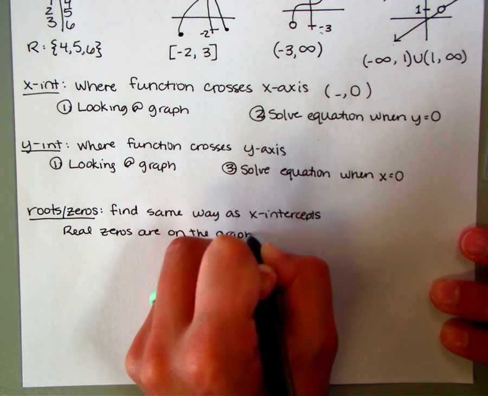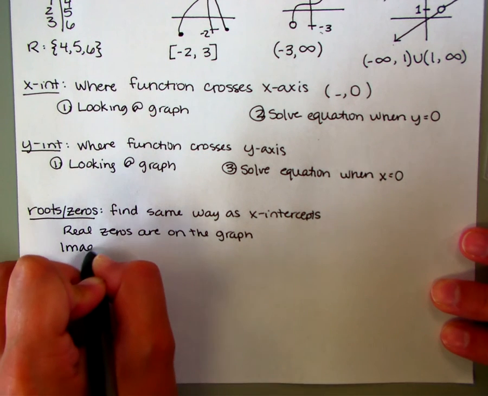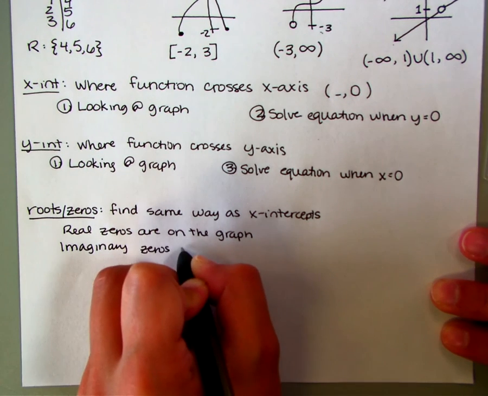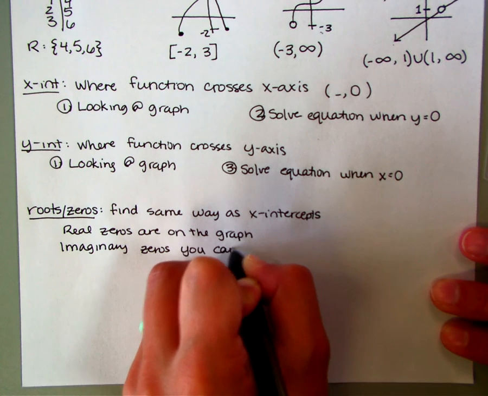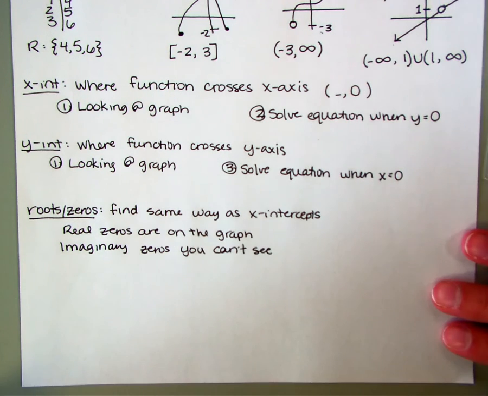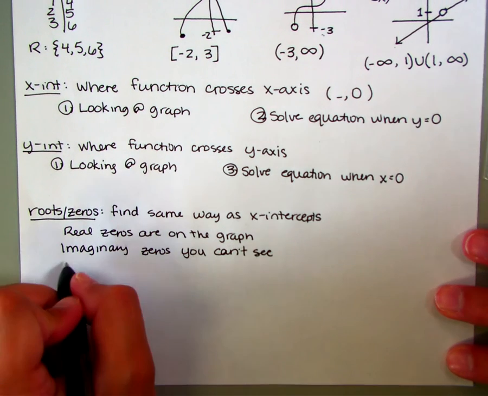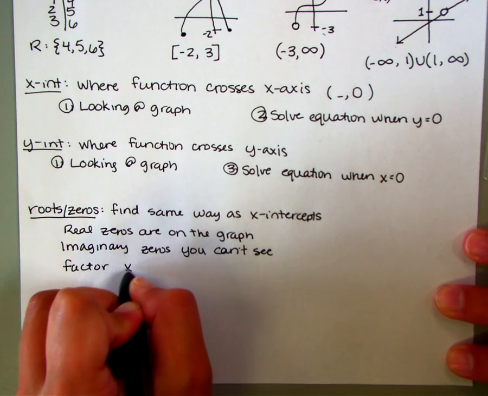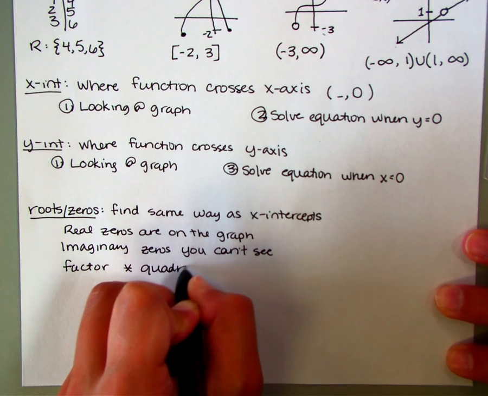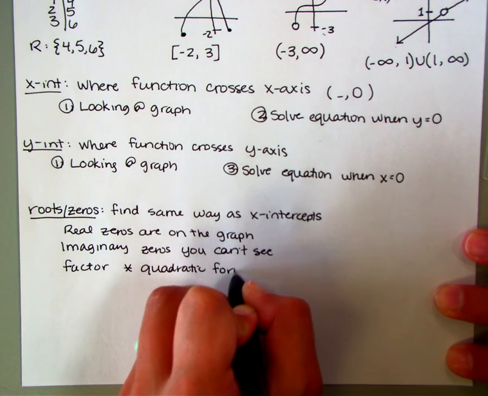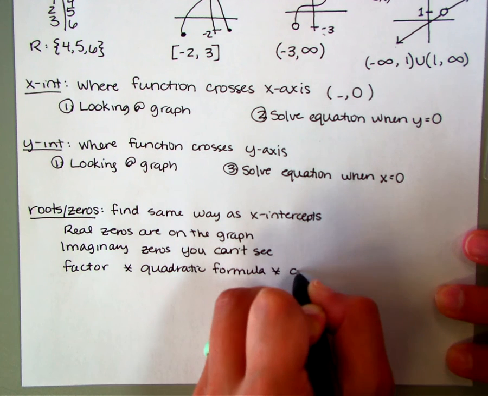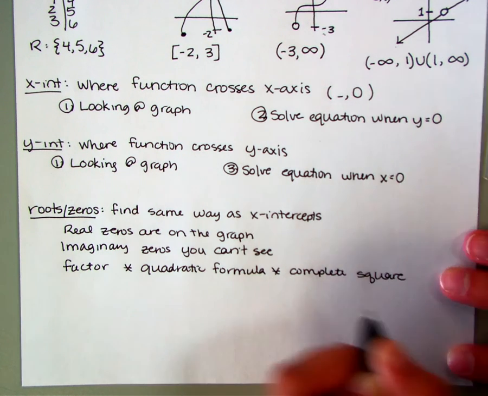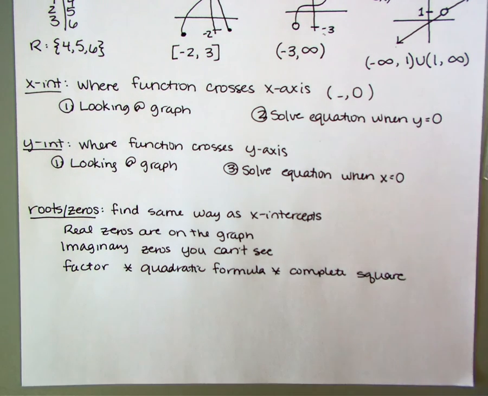You can actually physically see them, but you also have imaginary zeros you can't see. And so this is really where you want to make sure you know how to factor, you know how to use the quadratic formula, you know how to complete the square. So roots and zeros, basically x-intercepts.